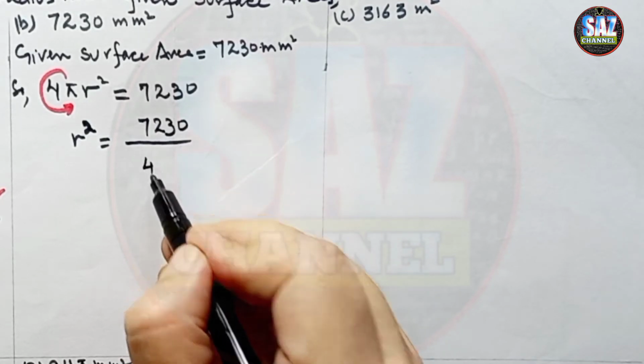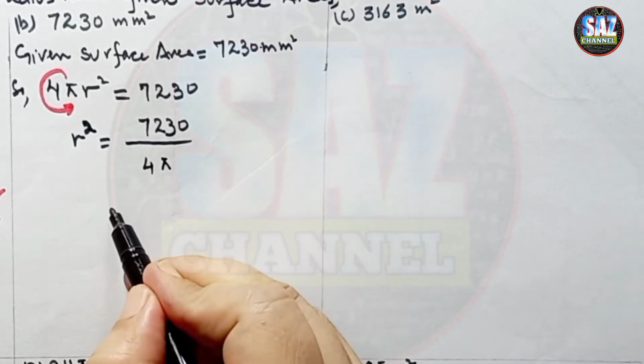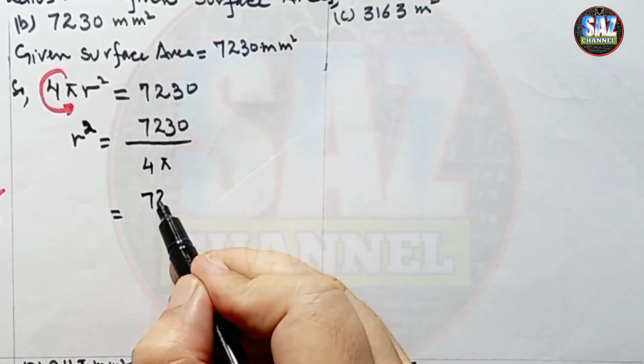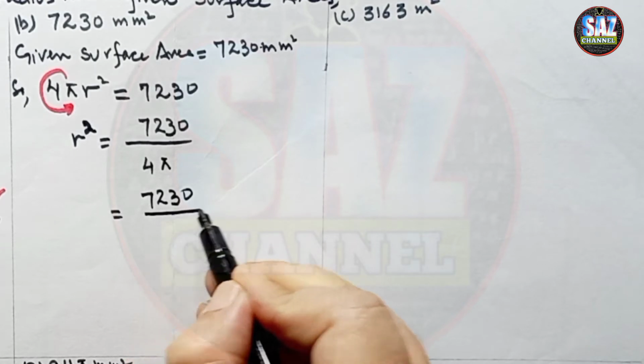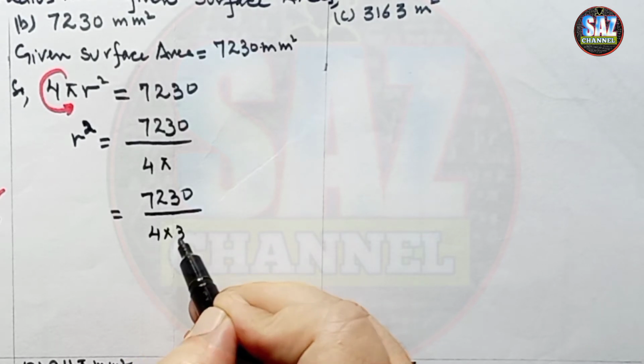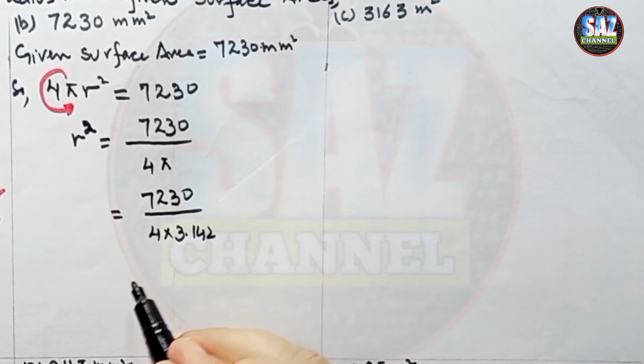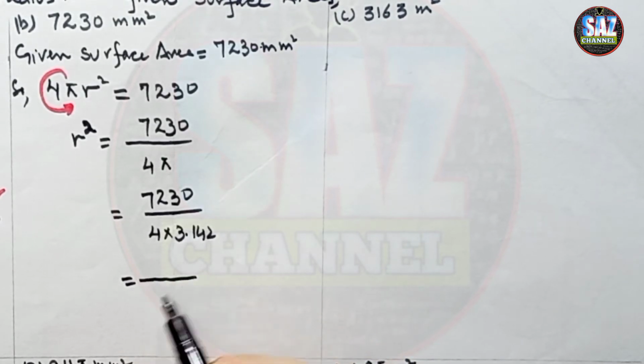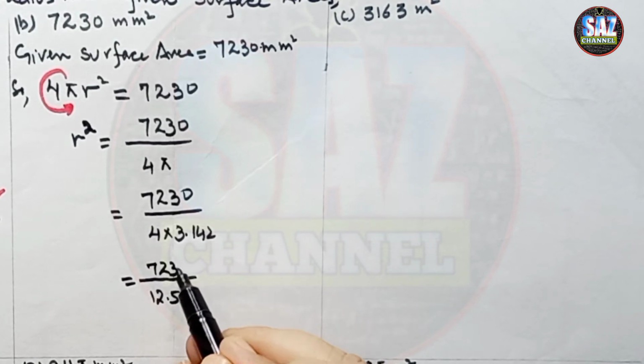7230 divided by 4 pi, and 4 multiplied by 3.142 gives me 12.568, and this is 7230.